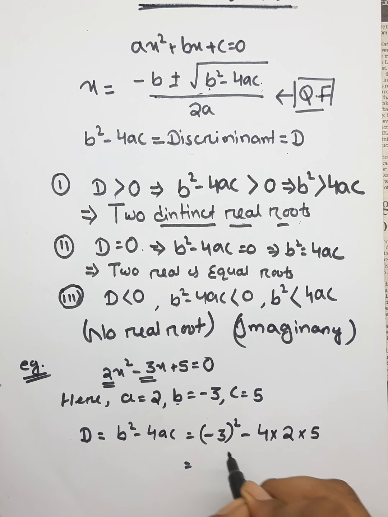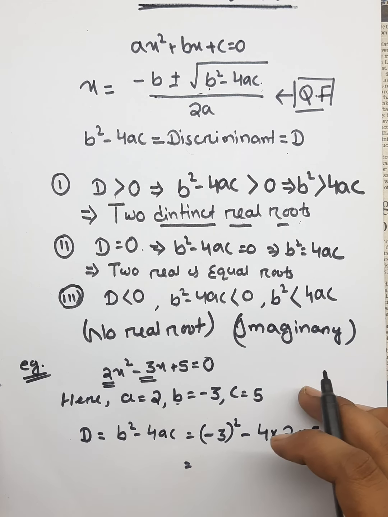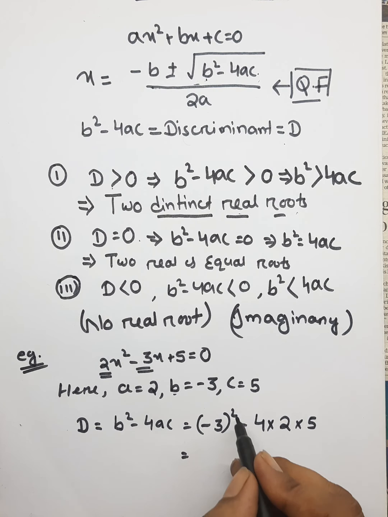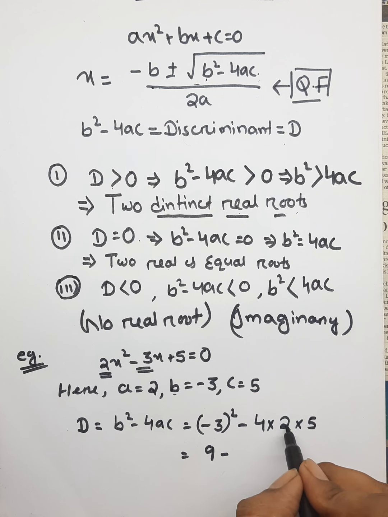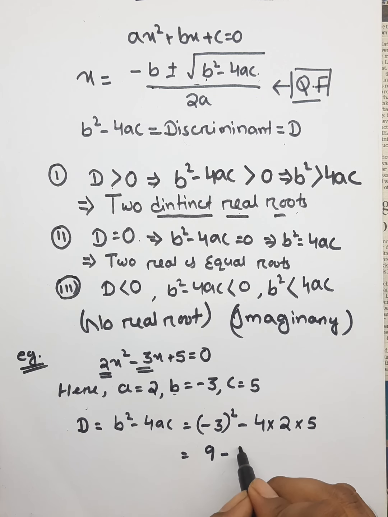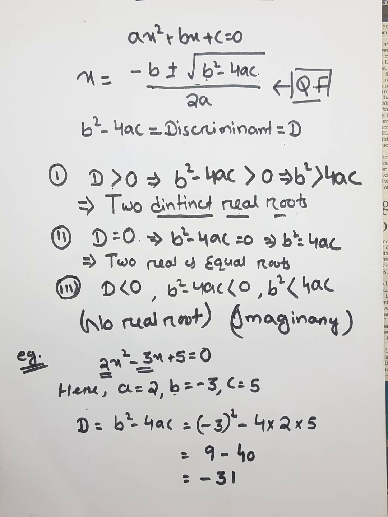Now we solve this expression. (-3)² is 9, and 4 × 2 × 5 is 40. So this will be -31, and -31 is less than 0.